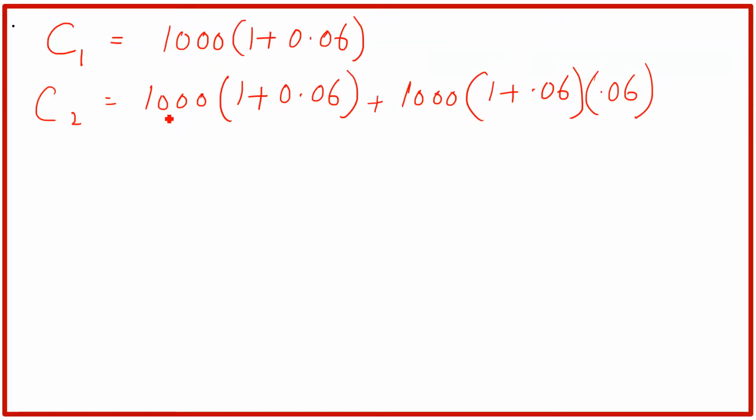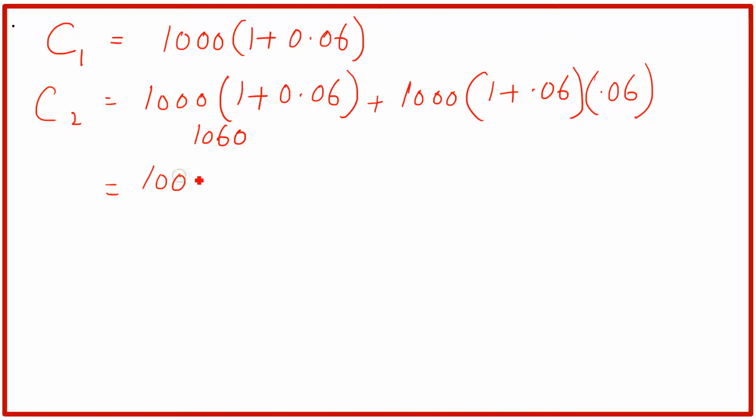This one is your initial investment plus the interest amount. If you calculate this, it should be equal to this. But we are deriving the formula, that is why I am writing in this way. Same thing here, this is 1060 and you are getting 6% on this amount. So see here, 1000 into 1.06 is here and the same is here.